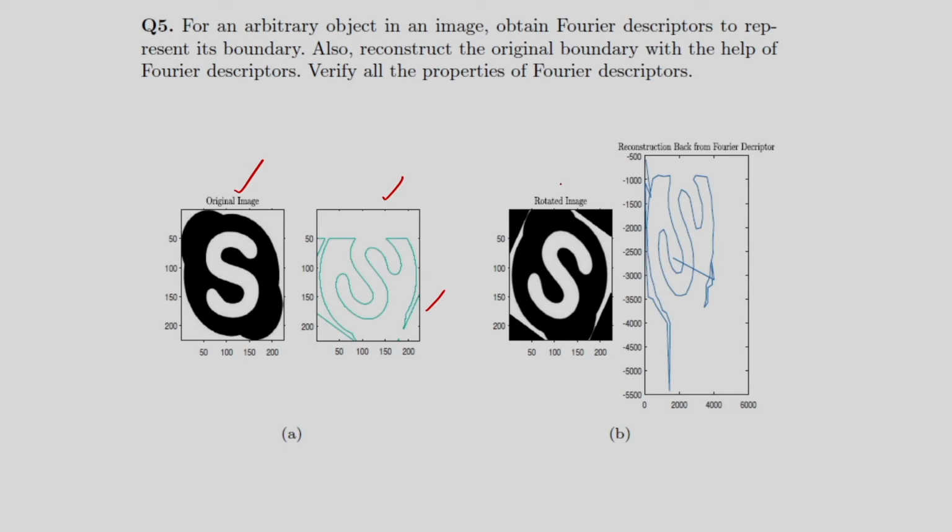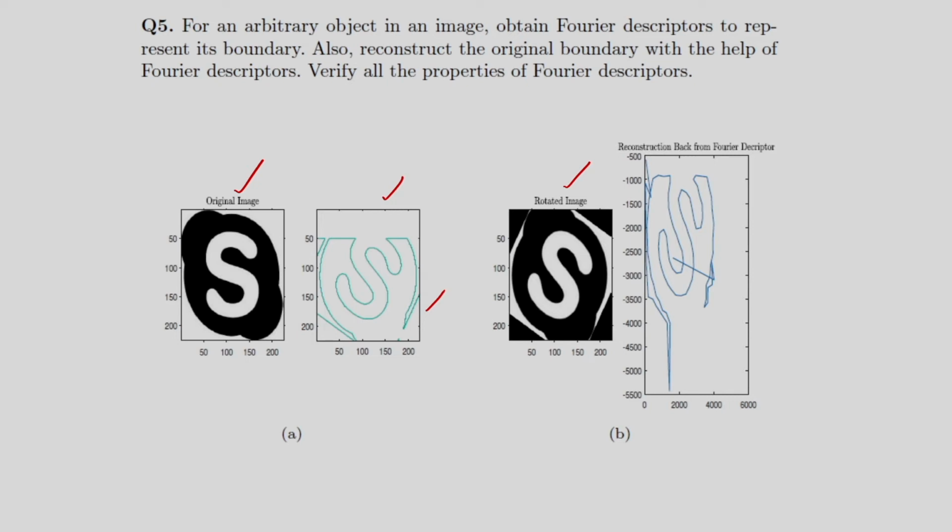Similarly, I am considering the rotated image, and corresponding to this I am reconstructing the boundary with the help of the Fourier descriptors. So for the rotated image also we can determine the Fourier descriptors. After this, by using these Fourier descriptors we can reconstruct the boundary.